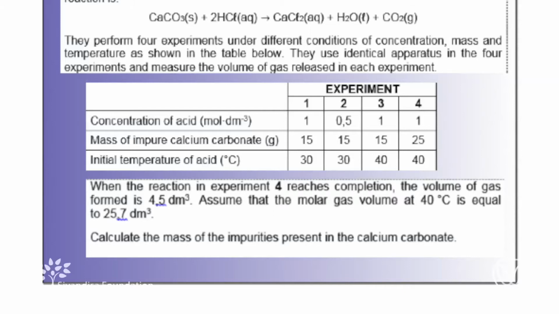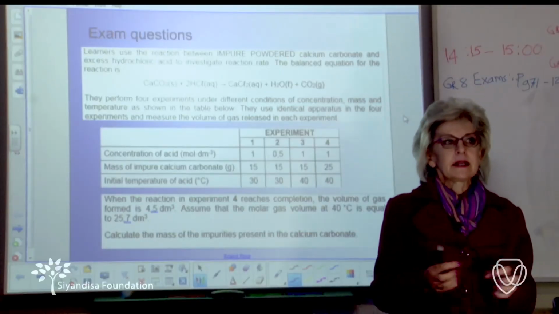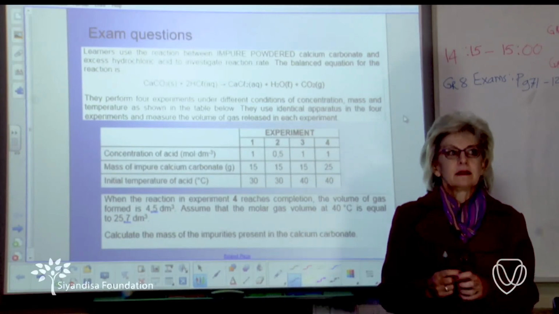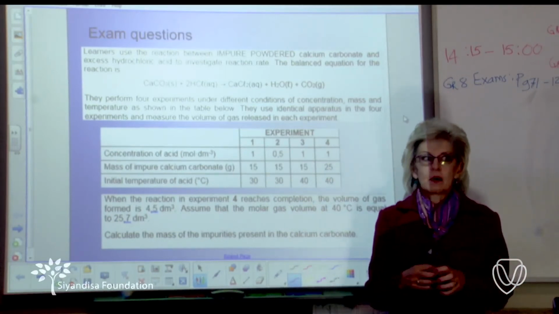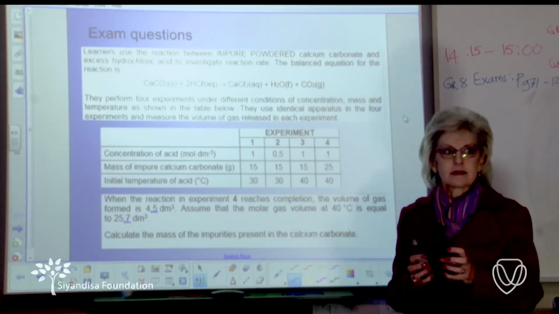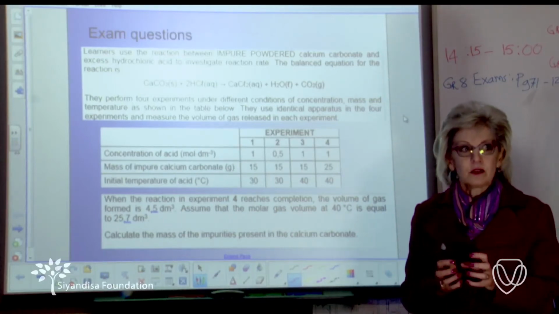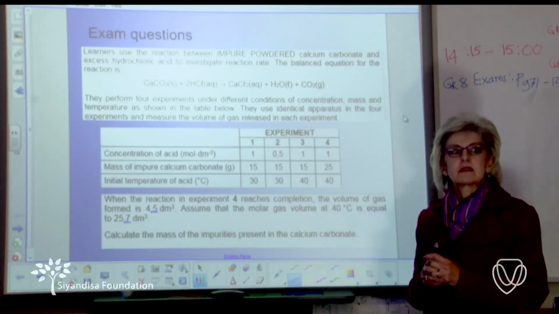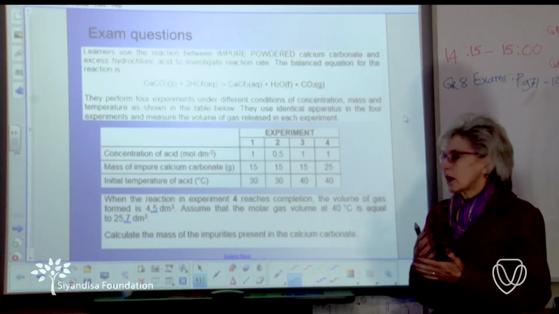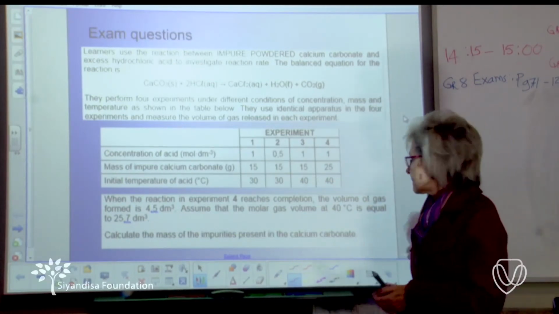Now, in these questions, if you straight away try and get to calculate the answer immediately in one calculation, then you are, I want to say about 99% of cases, going to be unsuccessful, because these questions have got more than one calculation involved.